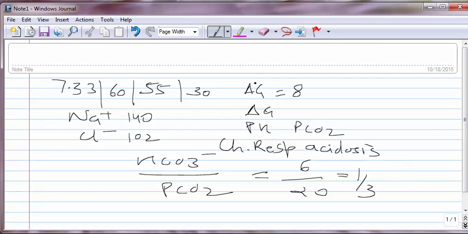Okay, since pH and PCO2 are going in different directions, it is respiratory. pH is less than 7.4, it is acidosis, and since the compensation has kicked in, this is chronic respiratory acidosis.